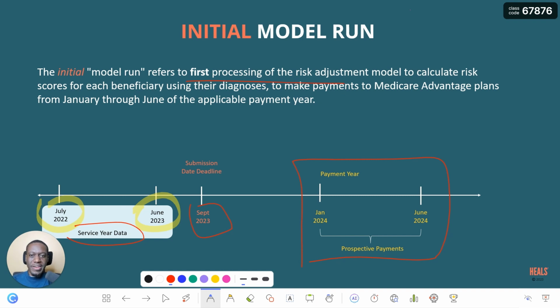It's the first for the payment year. It's executed to make payment for the applicable payment year. So here, the applicable payment year is 2024. And usually the deadline is in September. So when you think initial, think about it first: the first risk adjustment processing to make payments for the first part of the payment year that is upcoming.